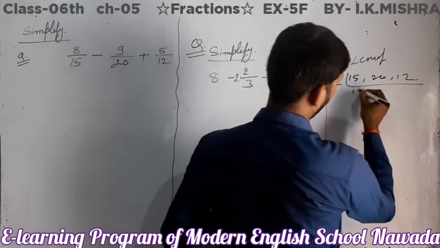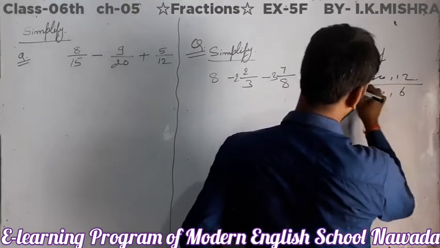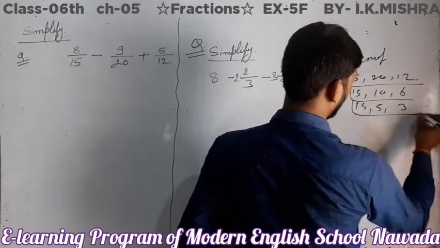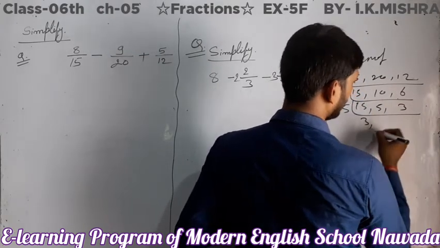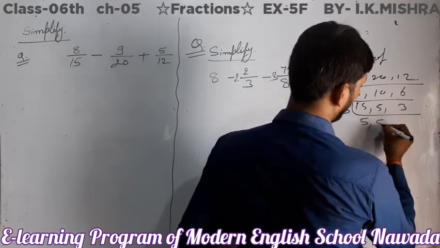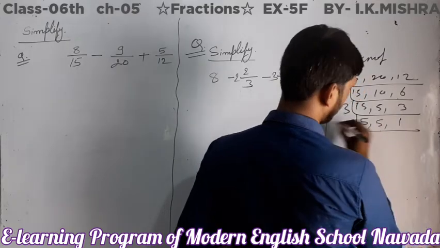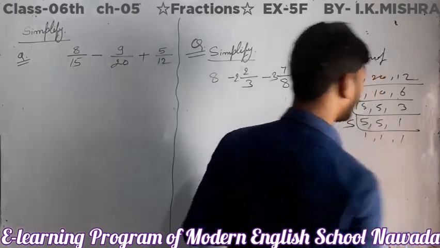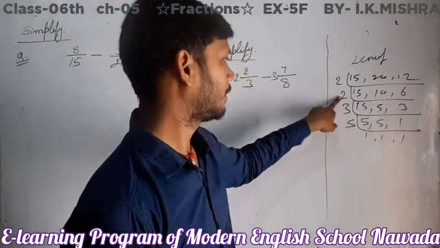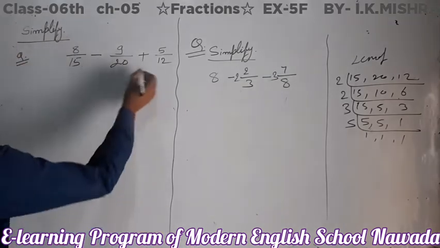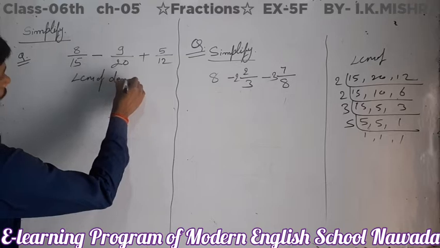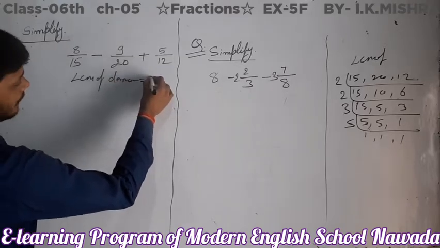Dividing by 2, we get 15, 10, 6; again by 2, we get 15, 5, 3; then by 3, we get 5, 5, 1; then by 5, we get 1, 1, 1. When you multiply 2, 2, 3 and 5, we get 60. That means the LCM of the denominators is equal to 60.